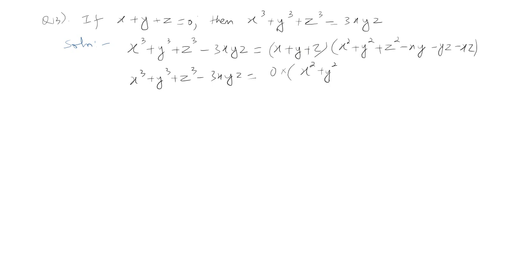I've only replaced x plus y plus z with 0. If I multiply anything in maths with 0, the result comes out to be 0. So that means the right hand side will become completely 0. The left hand side is as it is, only the right hand side is changing.